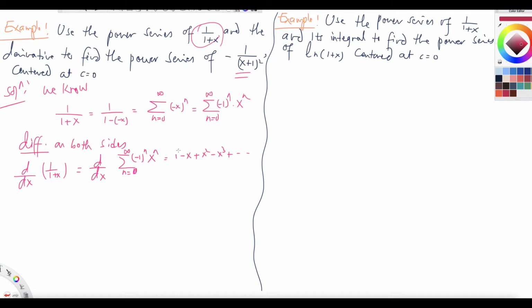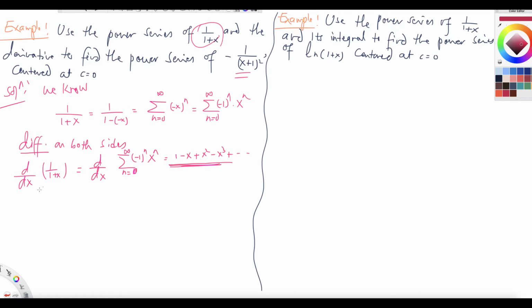Now when you find out the derivative of that, then the derivative of the first term will be 0, right? So it will start from x. You see that? The derivative of that will start from x. Okay, so basically you don't have to do that part, but you need to understand what happens when you find out the derivative. The 0th term will be 0, because the derivative of 1 will be 0, derivative of x will be 1, derivative of x squared will be 2x, like that, right?